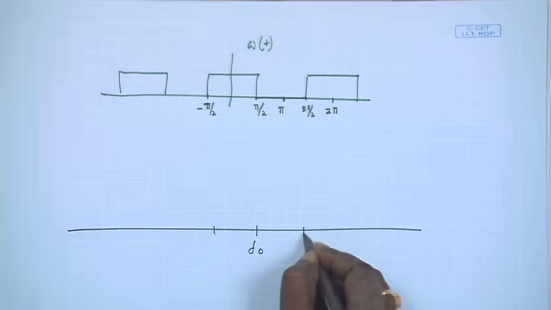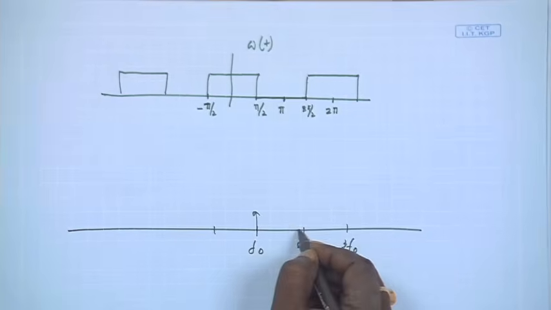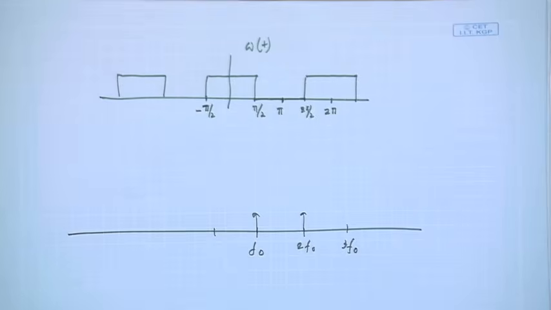The equivalent representation will have f0, 3f0, whatever components it has. It will just give another representation in the frequency domain.